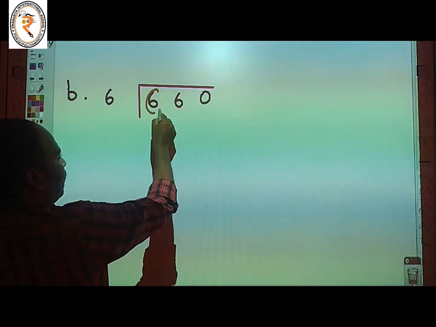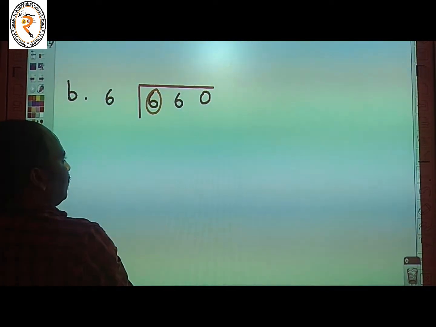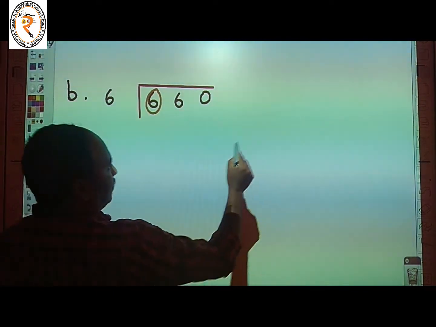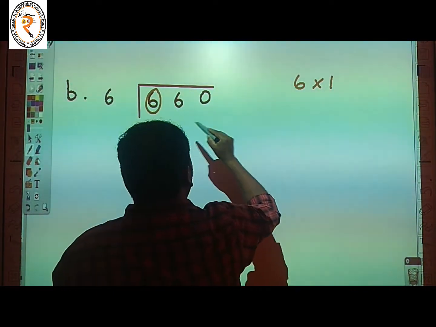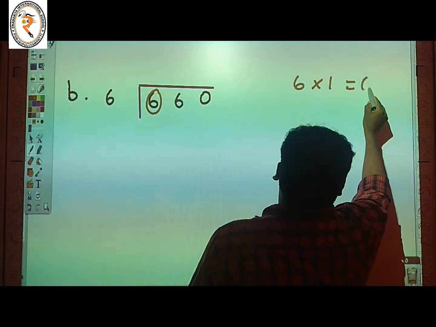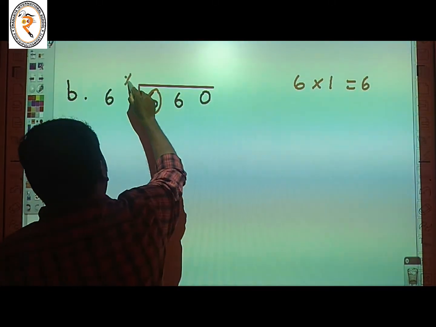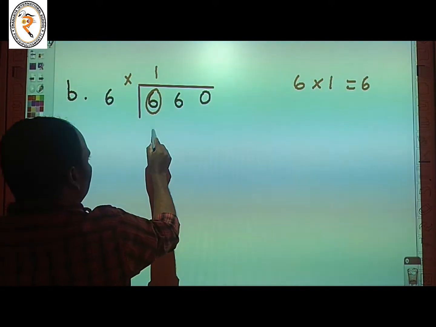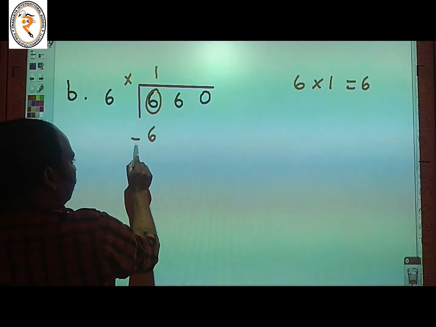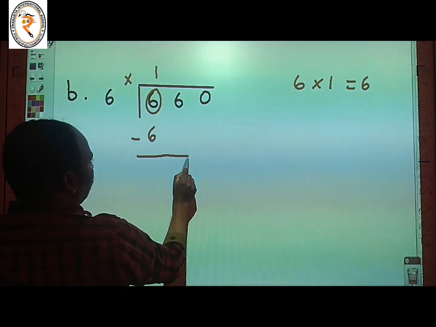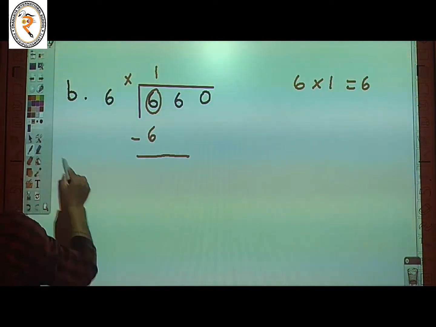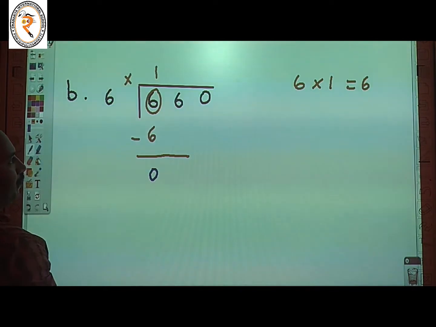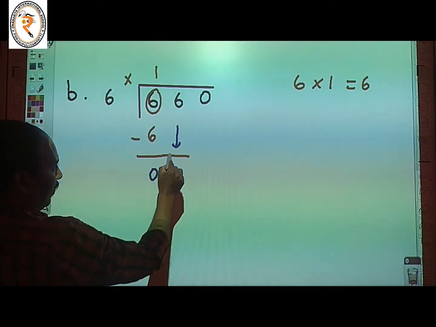We take the hundreds place. 6 divided by 6. 6 into 1 is equal to 6. 6 multiplied by 1 is equal to 6. Next, subtract: 6 minus 6 is equal to 0. Next we go to the tens place.